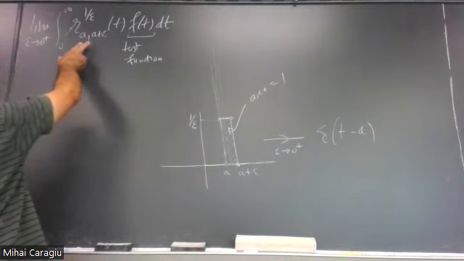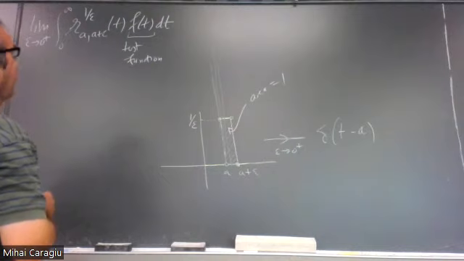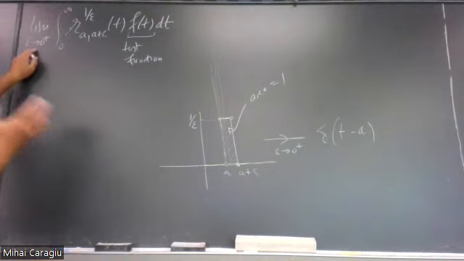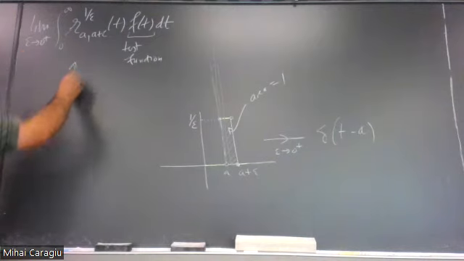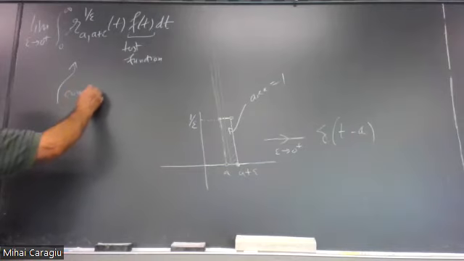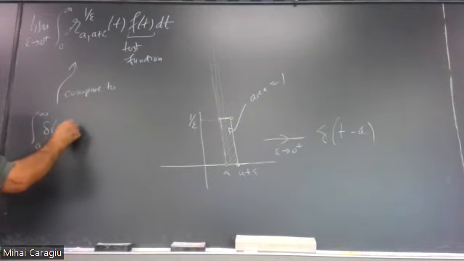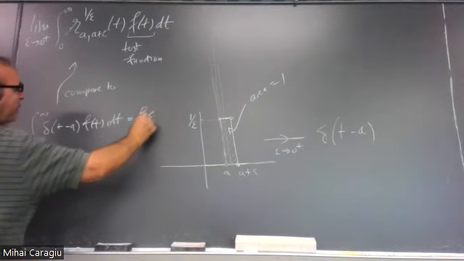The width of the rectangle is epsilon, the height is 1 over epsilon, which makes the area 1, times f of t dt. We want this integral, when epsilon approaches 0 plus, to behave exactly like the delta function, compared to our idea that the integral from 0 to infinity of delta of t minus a times the test function f of t dt equals f of a.